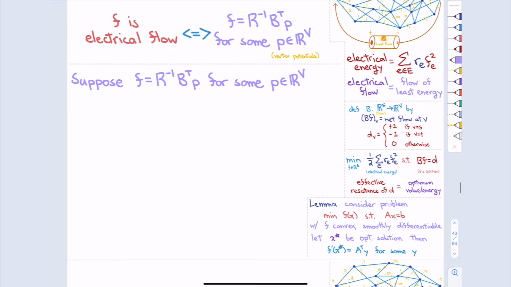Now suppose that f is equal to this thing for a set of potentials. And now I want to argue that these potentials certify that f is optimal.